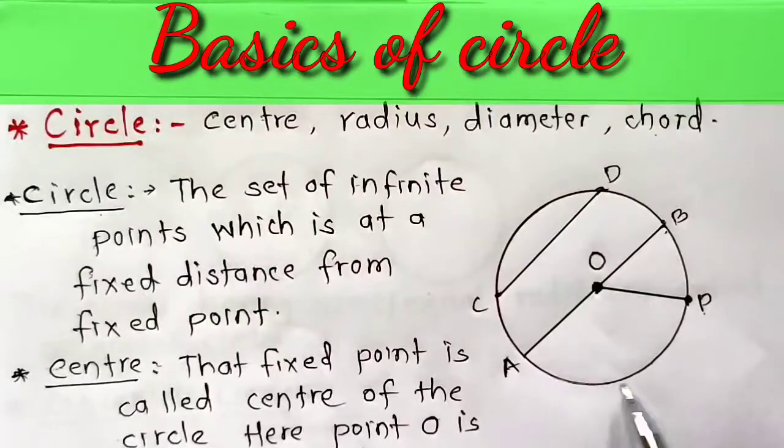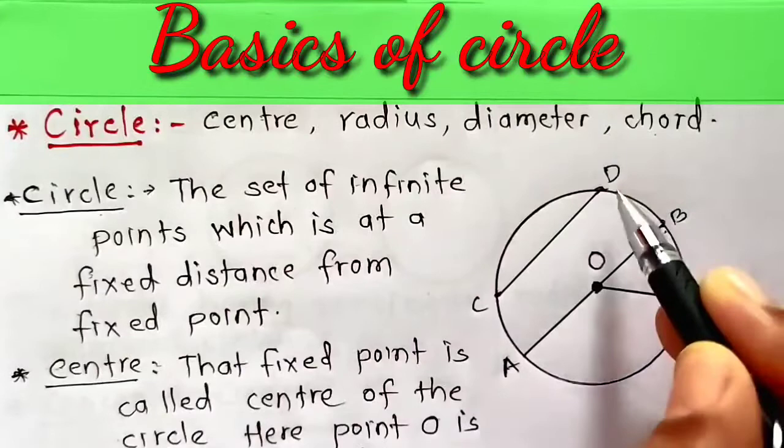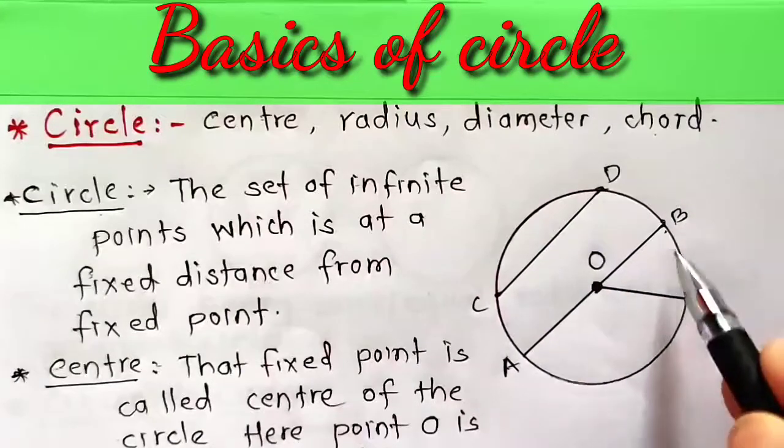Here, the circle is nothing but a set of infinite points. Here P point, D point, C point, A point, like this, so many points are there.